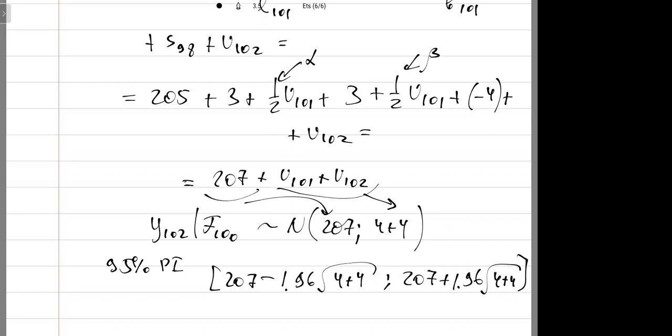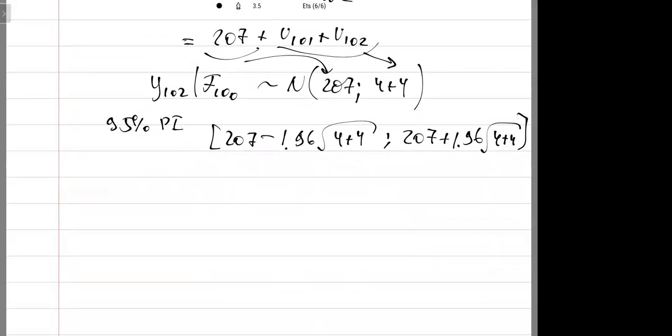Okay. So the ETS model may have variants. We have finished the description of the ETS AAA model, where we have additive error, additive trend, additive seasonality.